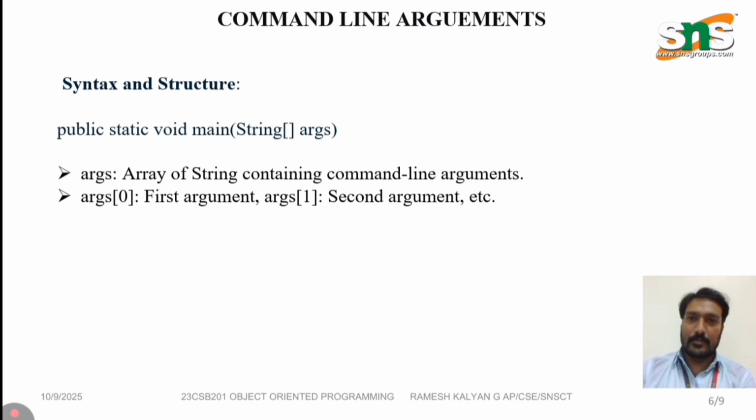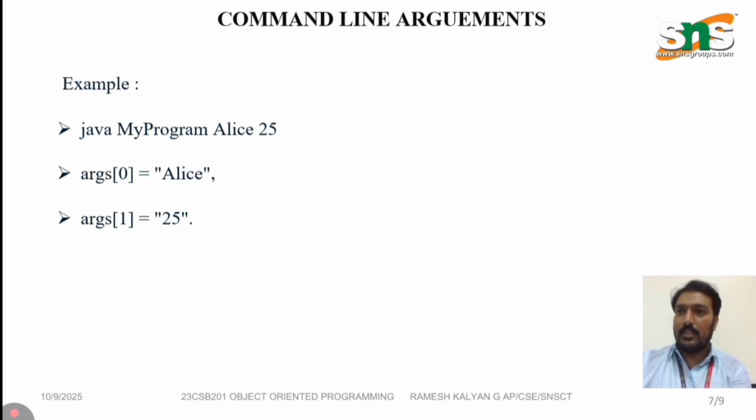This slide explains the syntax and structure of the command line arguments. As we saw previously, it is used in the line public static void main String args. As the input is taken as a string, with a single space we can add a different number of arguments. For example, in this program we give java space myprogram, where myprogram is the file name, then java space myprogram space Alice space 25.